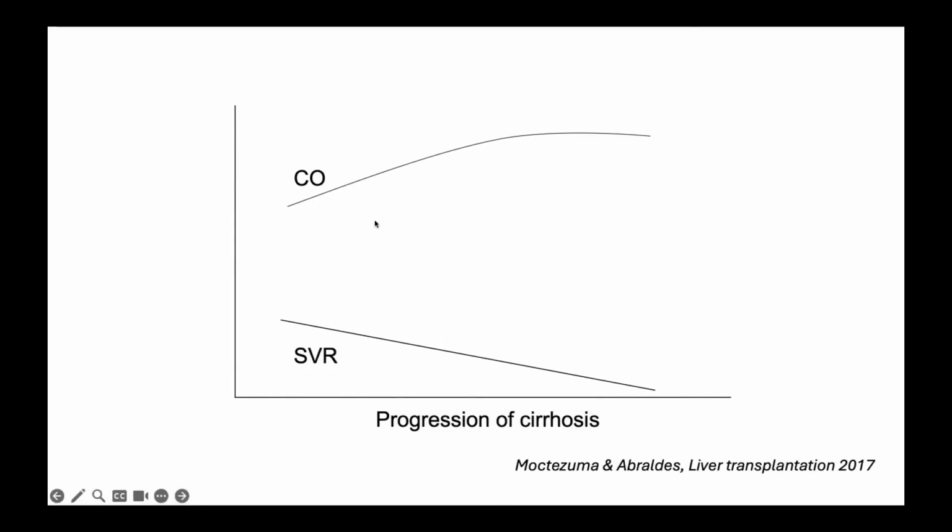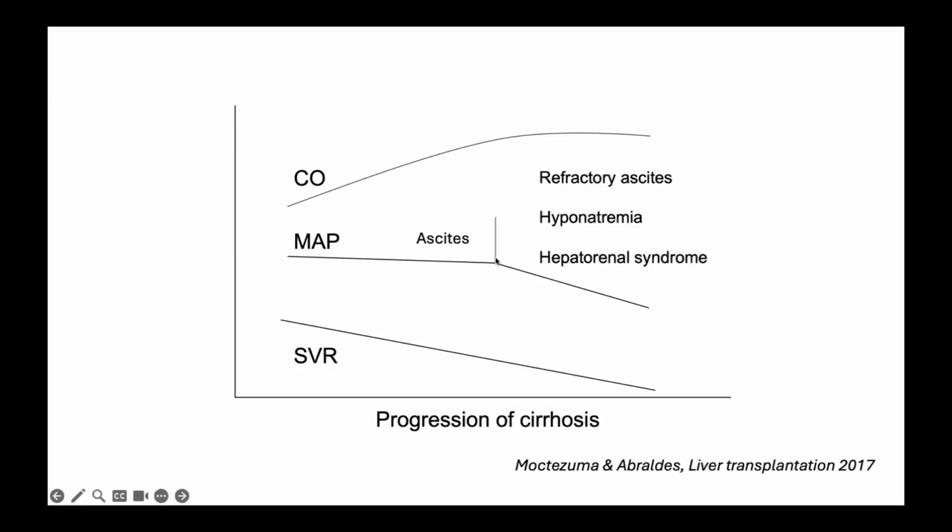So when there is vasodilation, there is a compensatory increase in cardiac output. And initially, mean arterial pressure is maintained thanks to this increase in cardiac output, but at some point, cardiac output cannot compensate, and you start to have a decrease in mean arterial pressure. So probably ascites starts to happen around here, when the hemodynamic abnormalities are severe enough.